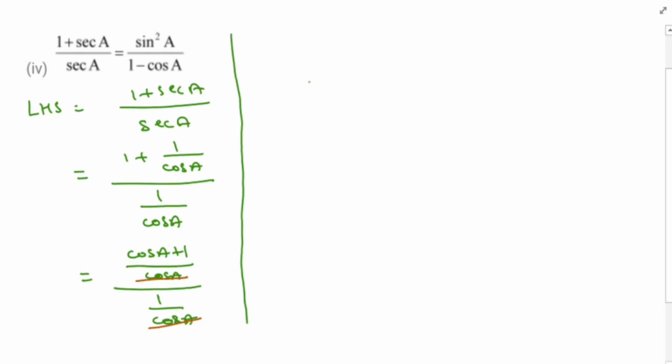Cos a cancel, so it is equal to cos a plus 1, which can also be written as 1 plus cos a, multiplying by 1 minus cos a dividing by 1 minus cos a.